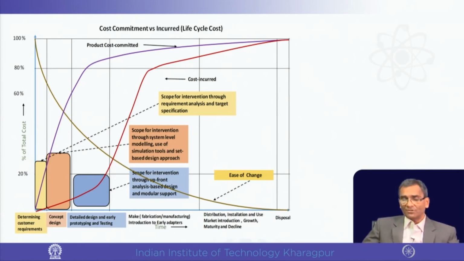As we move from detailed design to make and fabrication, manufacturing, and then distribution, installation, etc., the actual cost goes up, and not much can be done there, but in the beginning much can be done in terms of planning. So planning is important. And finally, when it comes to disposal, practically there is very small difference.